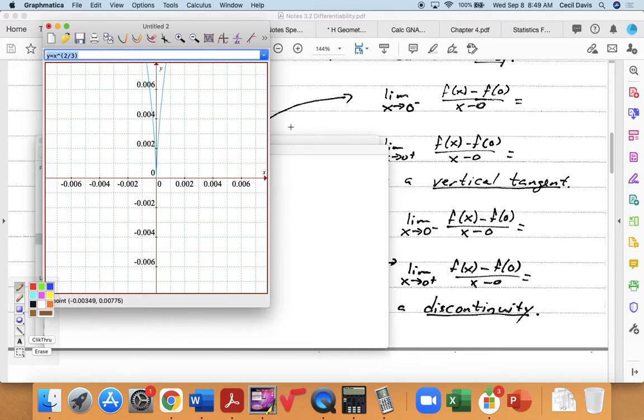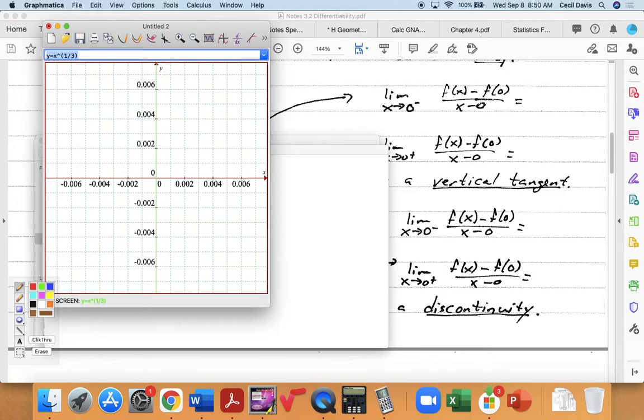Let's get rid of this graph. Yeah, it's having all kinds of trouble today. There we go. So the cube root is x to the 1/3.